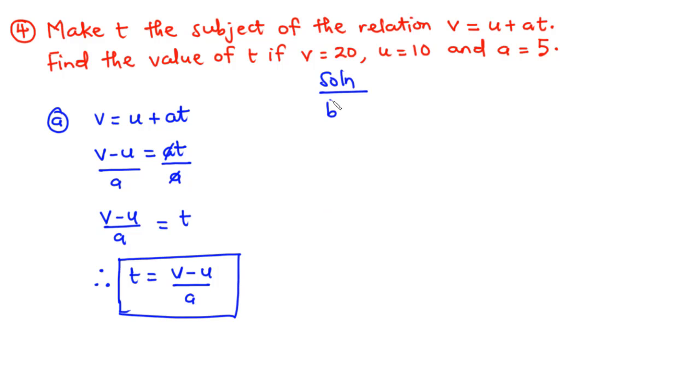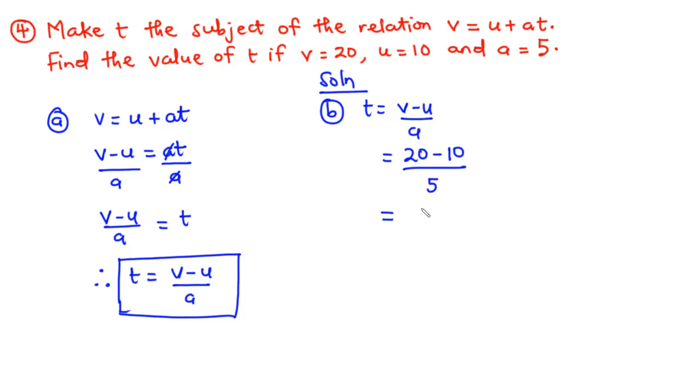Now to find the value of t when v is 20, u is 10, and a is 5, using the same relation, we have t equals v minus u all over a. Now v is equal to 20, u is equal to 10, all divided by a is equal to 5.